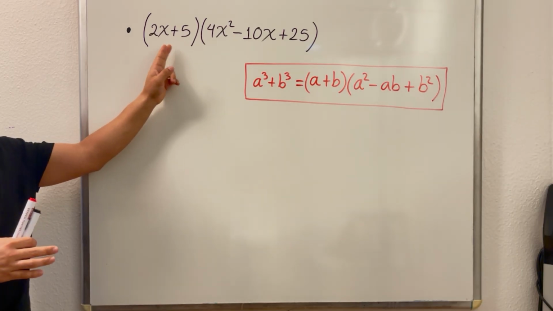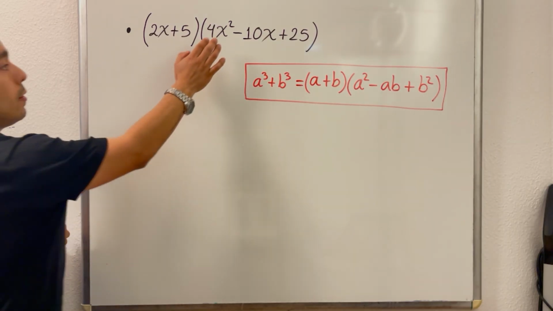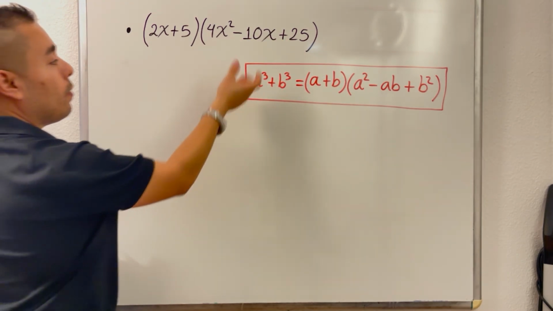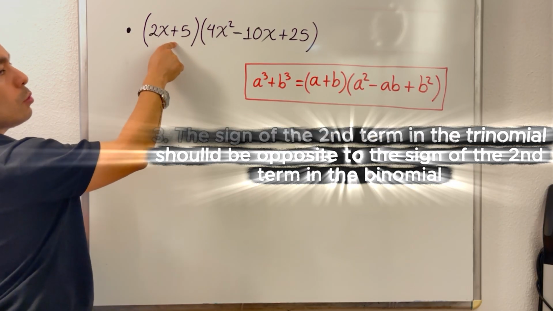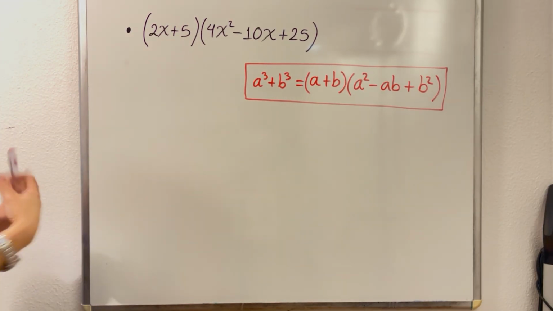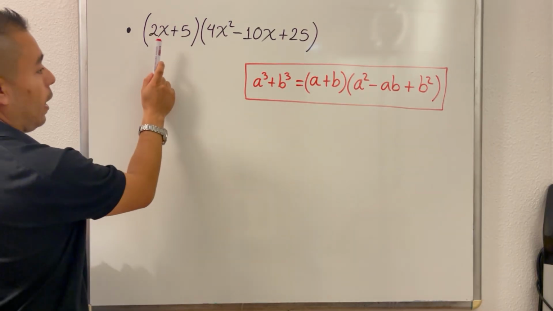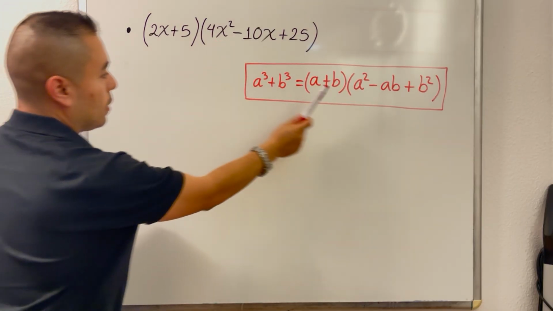After you do that, in the trinomial, you should notice that you should always have the first and the third terms positive, and the term in the middle should have a different sign than the one that you have in the binomial here. After that, you need to identify if this corresponds to a square, as it is written here.